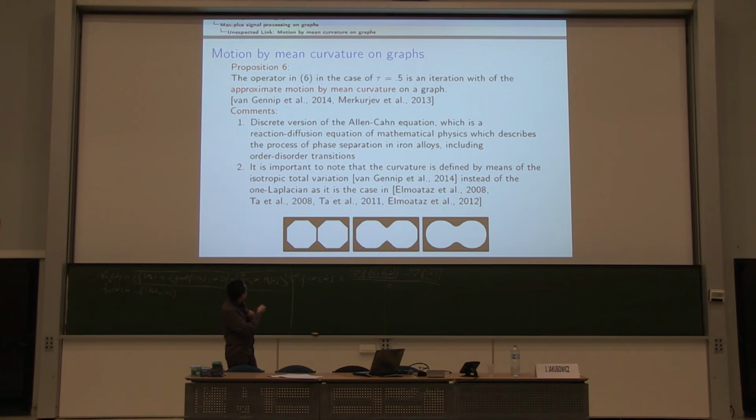In this case, unlike these 3-4 authors, we are defining the curvature by means of isotropic total variation. To understand what we are doing with tau equal to 1/2, the best way to visualize the result is by iteration. We know from these two papers that the iteration of this operator converges.